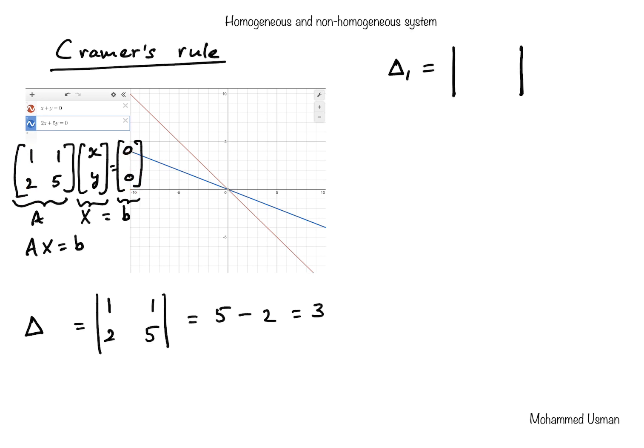And keep all the other elements as they are, and then compute the determinant. That would give us delta 1. So the first column becomes 0, 0, which is the B vector, and the second column remains the same, 1 and 5. And when you do the cross multiplication, you'll get 0 minus 0, which is 0.